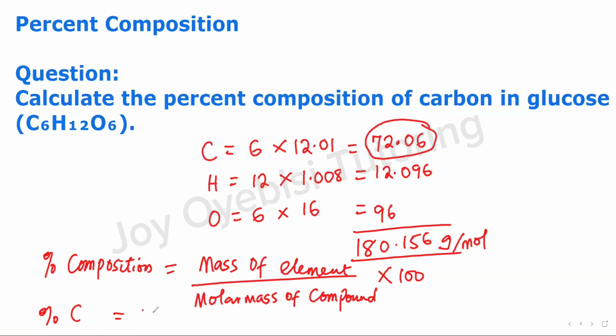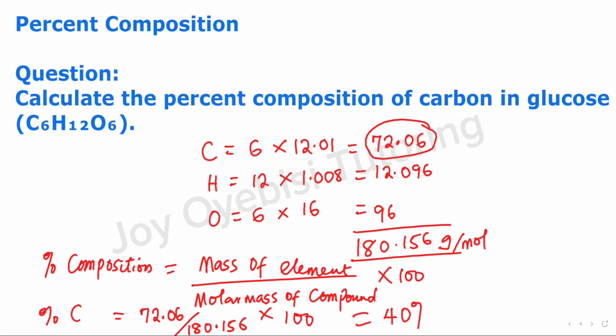So that would be 72.06 over this total mass, or the molar mass, 180.156, times 100. So if we plug this into the calculator, we have 72.06 divided by 180.15 and then times 100. So the percent composition of carbon would be 40% approximately.